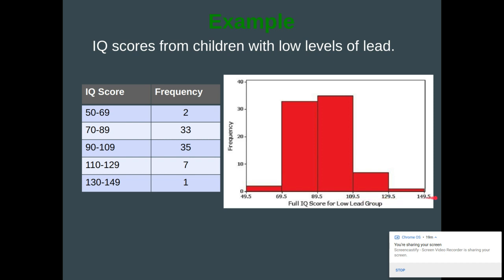Again, notice there's a distance of 20, so here's a class with the 20 still. And here we can see there were 2 in the first class, so there's just a little bar there, 33 in the next, so it goes above 33. And you see this is kind of proportional, a nice way they do it, right? There's no gaps between the bars. They are all touching because there are no gaps in the data.